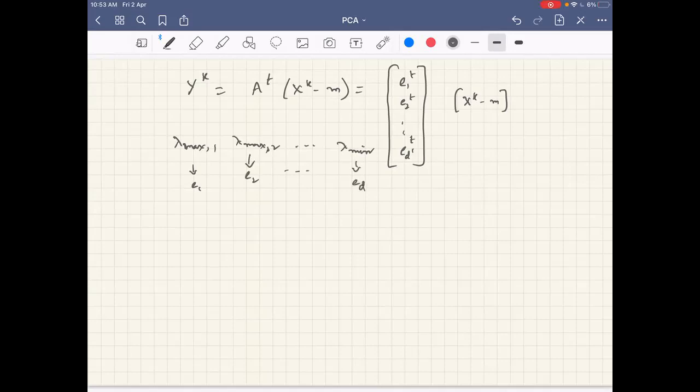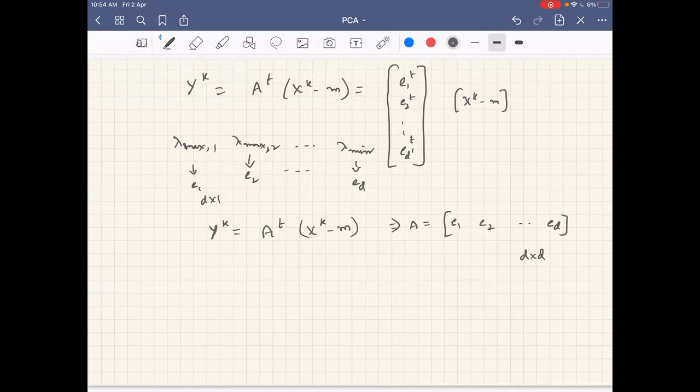If we consider all the eigenvectors for projection, then y_k is A transpose (x_k minus m), where A has E1, E2, up to ED as columns. This is a D cross D matrix, where each E_i is a D cross 1 column vector.